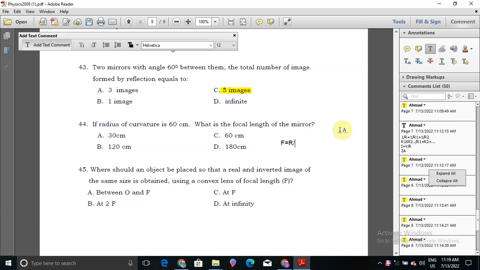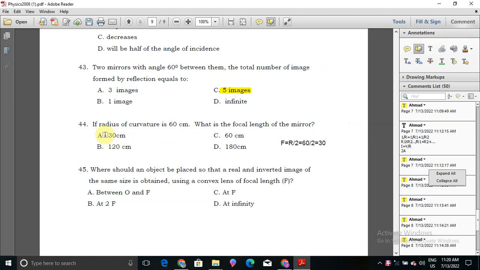The radius is 60 centimeter. So that means 60 over 2 is equal to 30. So 30 centimeter is the correct answer, choice A.